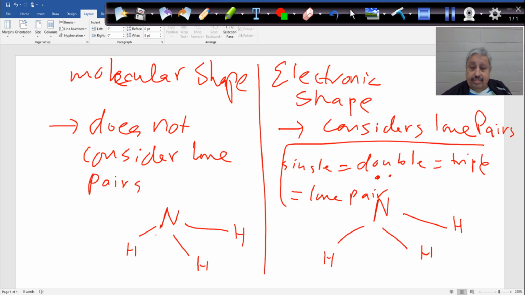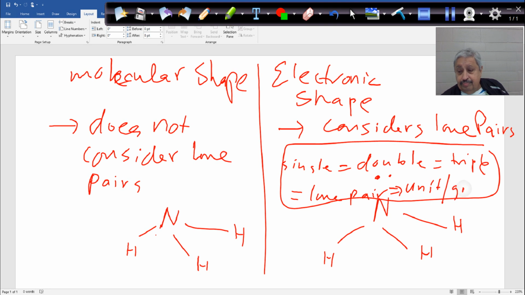Those are considered units, groups, or zones, correct? The nitrogen with the lone pair is considered here.